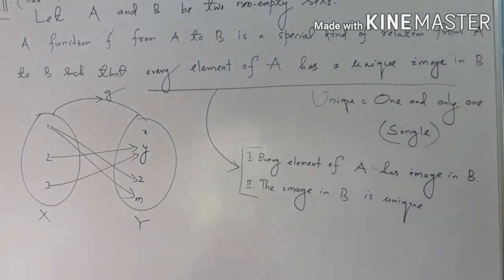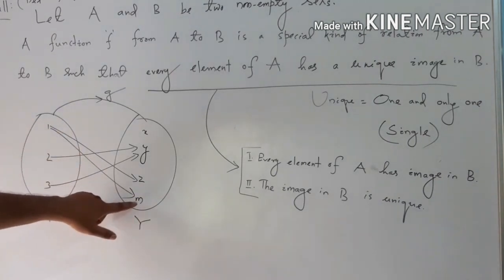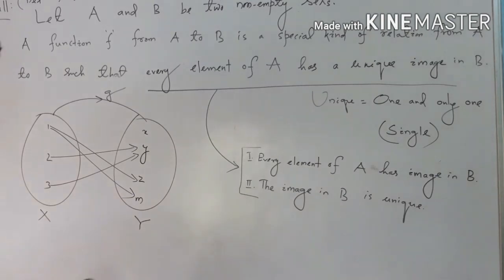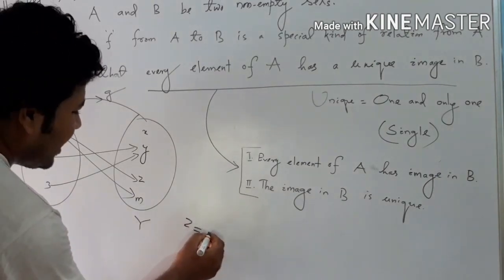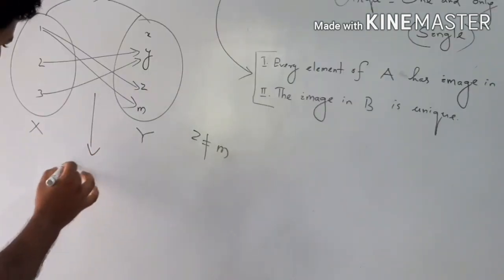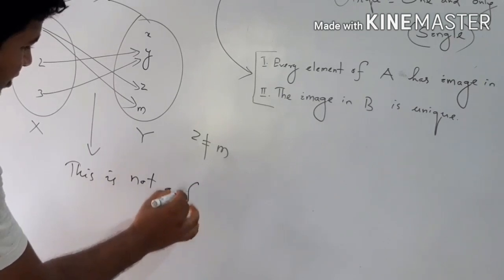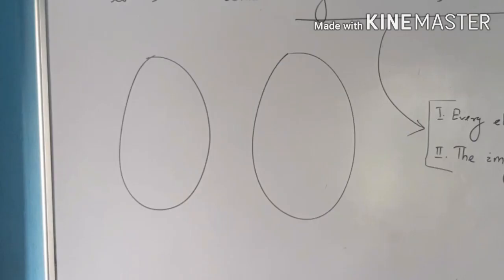So I am going to the second condition: the image should be unique. You see, 1 has 2 images, Z and M, but Z and M are not equal, therefore this is not a function.